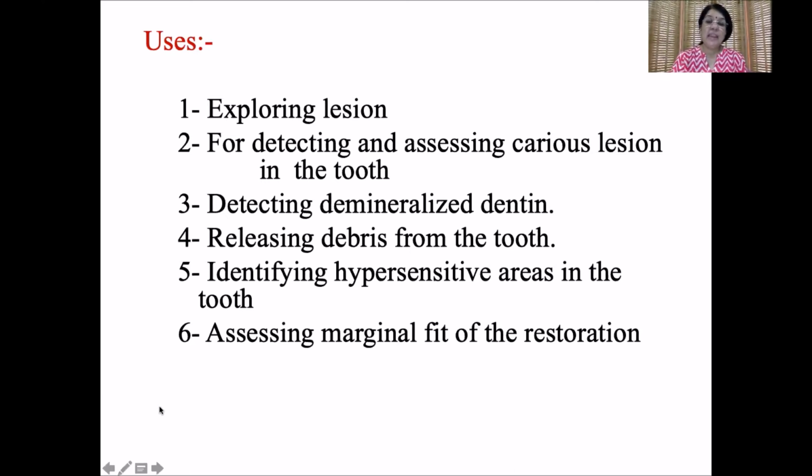Then identifying hypersensitive areas. Sometimes the patient just complains of pain, and you don't know where the pain is, because it is very easy to say the enamel is lost or the dentine is exposed, but it is not really practical every time to really see those defects.